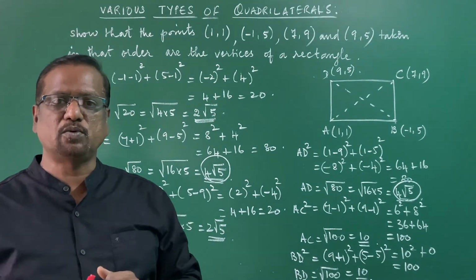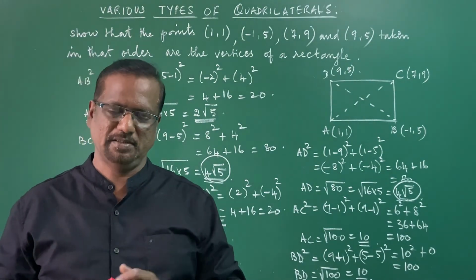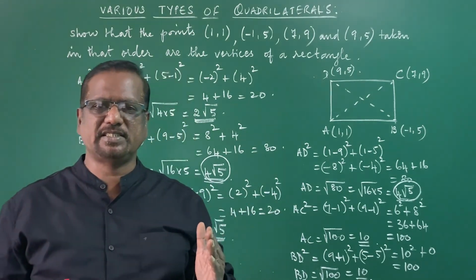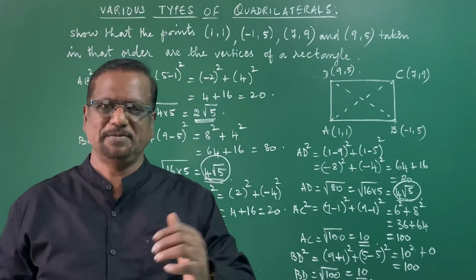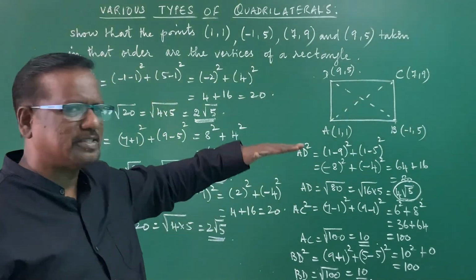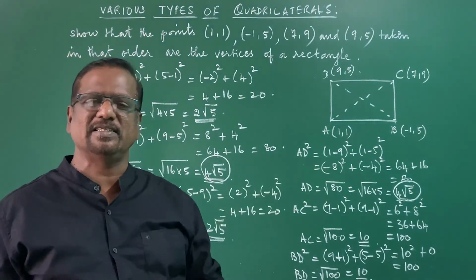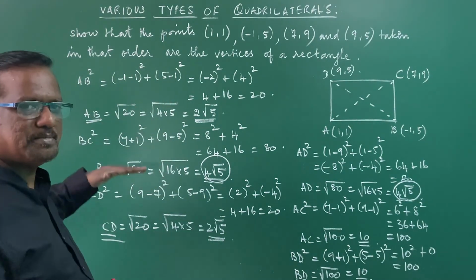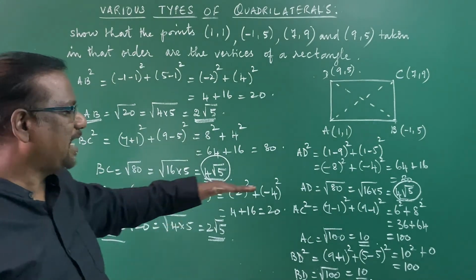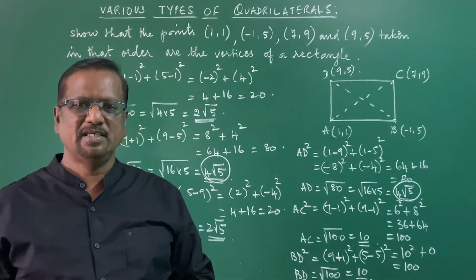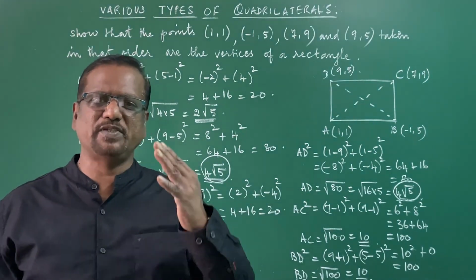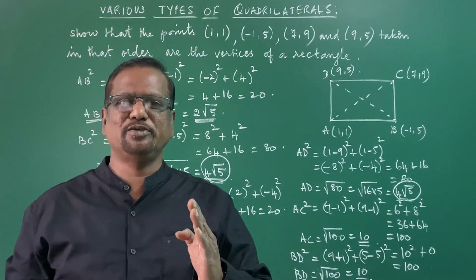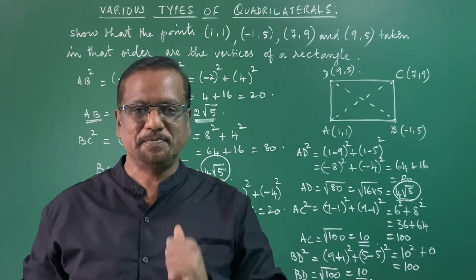And one more quadrilateral, the square. So how to prove the given vertices are a square? Same process as we have done for the rectangle, you have to proceed. Find out AB, BC, CD and DA. If you find the lengths of these 4 sides, you will notice that all the four sides will be equal.